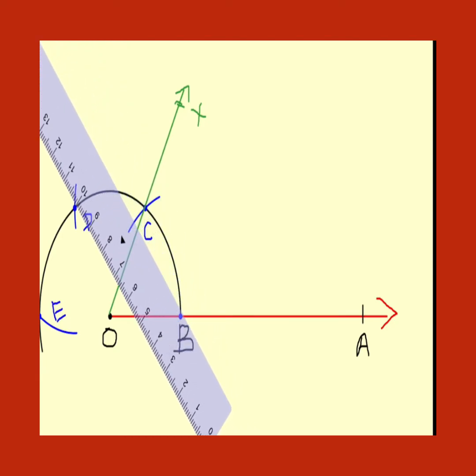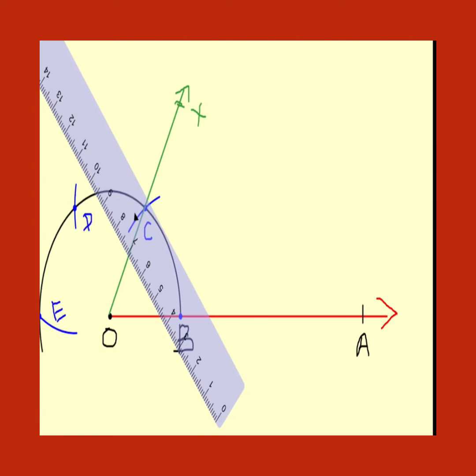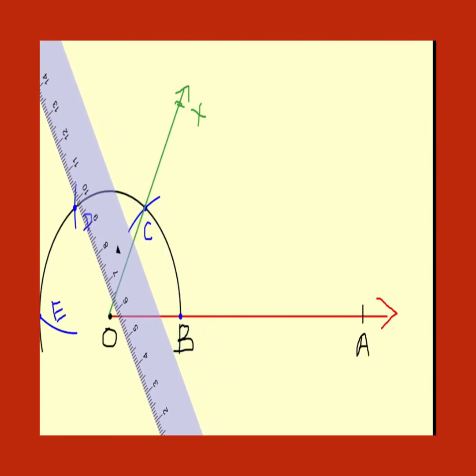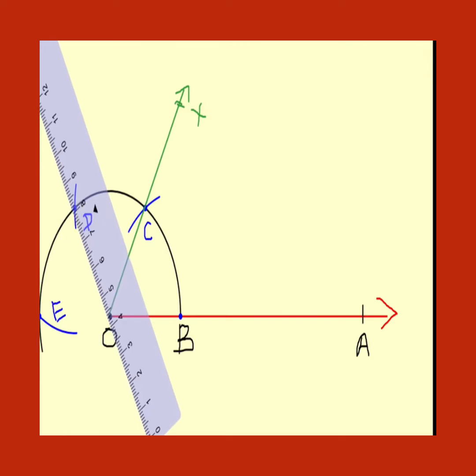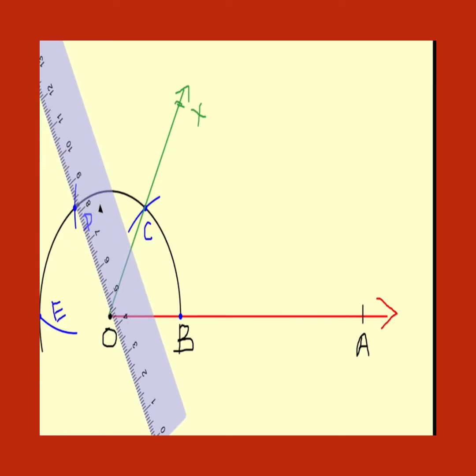Each arc constructs an angle of 60 degree. Point B to C is 60 degree, point C to D is again 60 degree, and point D to E is also 60 degree.